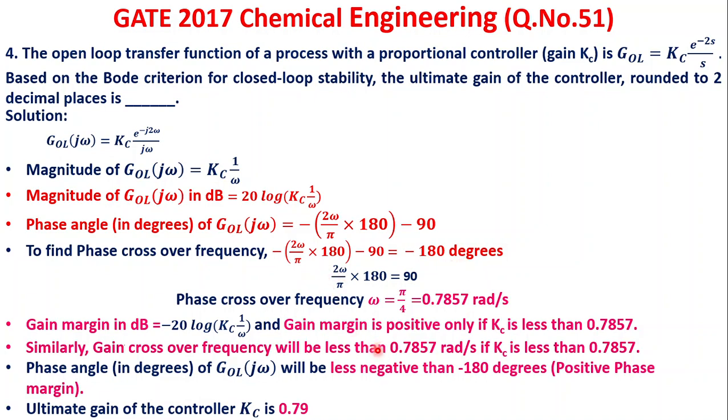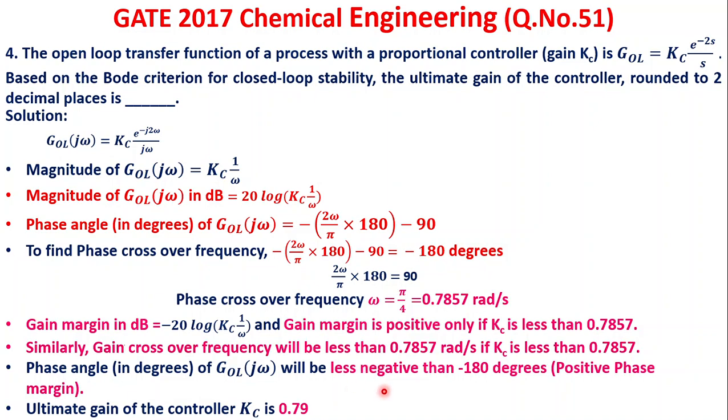Therefore, we can see that the gain crossover frequency should always be less than the phase crossover frequency if at all the system has to be stable. That also we have seen, or we will see in the future lectures. So if omega g has to be less than omega p, the phase crossover frequency, then the system is stable.